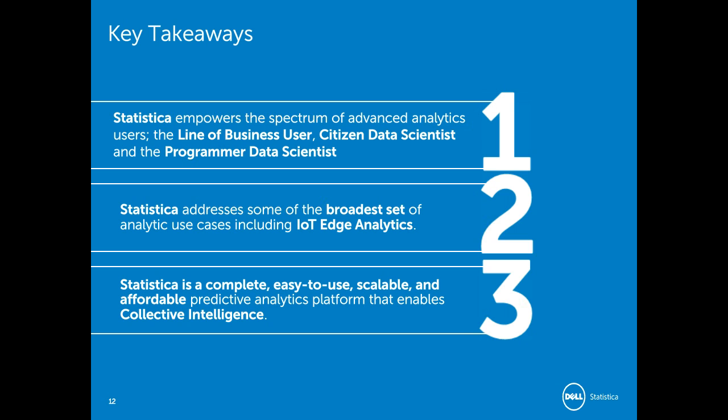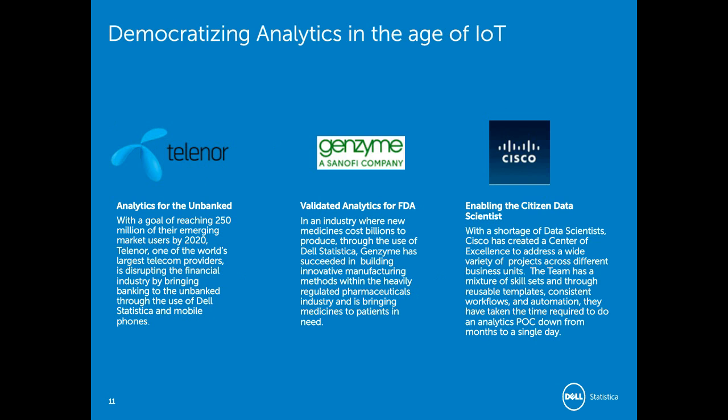So I picked these 3 case studies out here, and we have a lot of them, but one is really Telenor. I wanted to start with that, and what they're using here is they're taking cell phone data, and they're in regions where traditional credit bureaus are unavailable. They're distributing analytics across geographies, across countries, and so I think that's a really interesting case, and it goes to the testament.